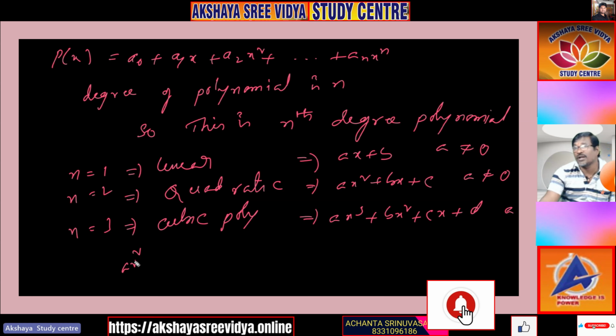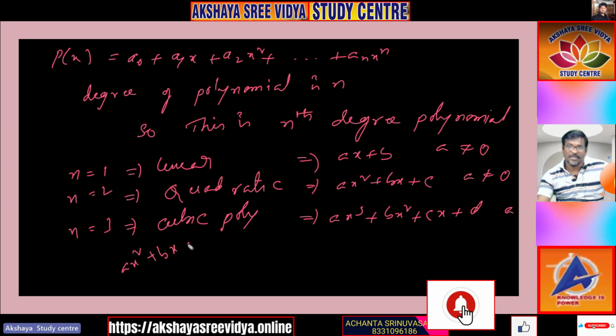A naught plus a1 x plus a2 x square plus so on an x to the power of n is the nth degree polynomial expression. For suppose ax square plus bx plus c is equal to 0, that is the quadratic equation.